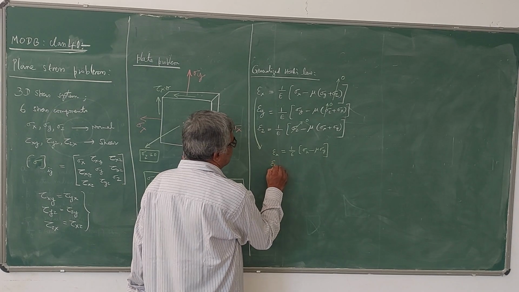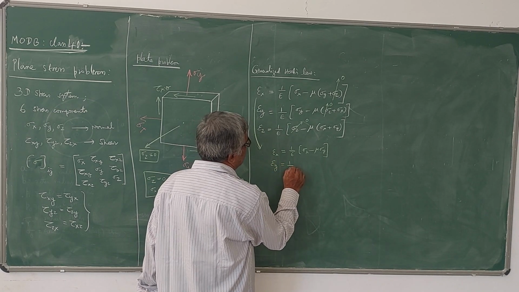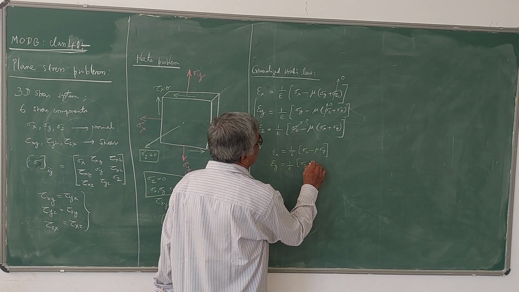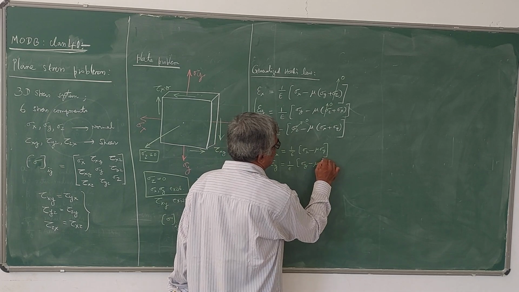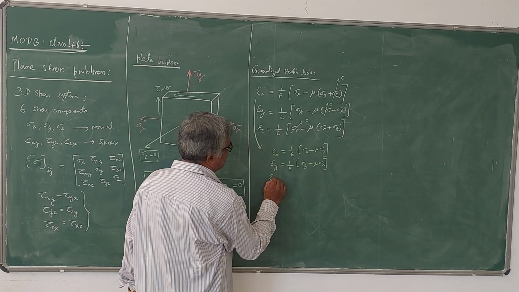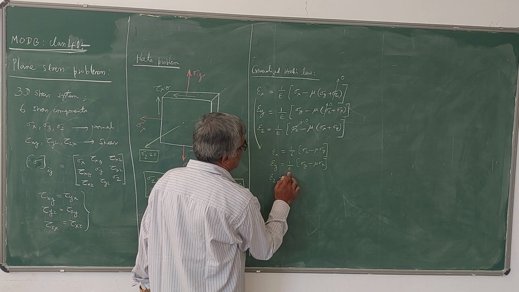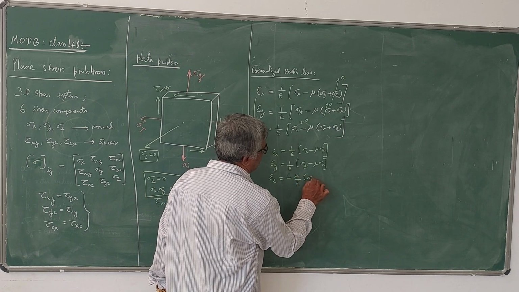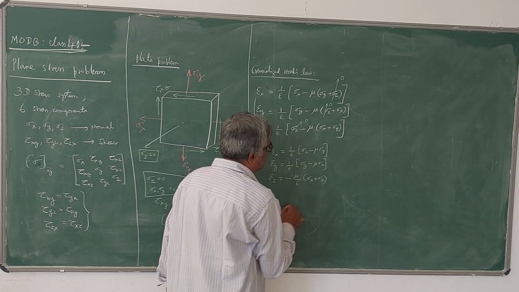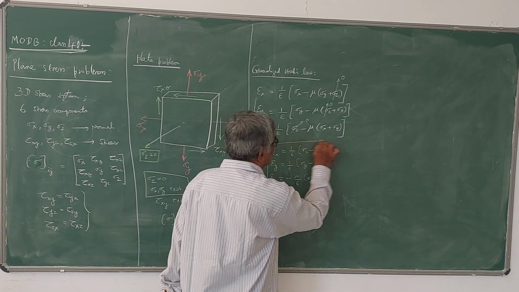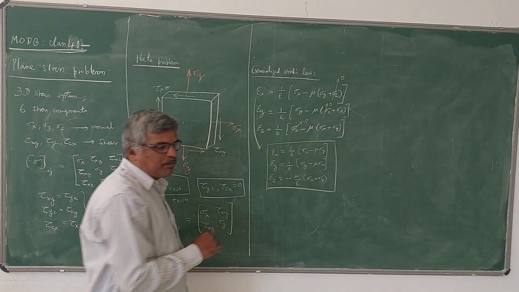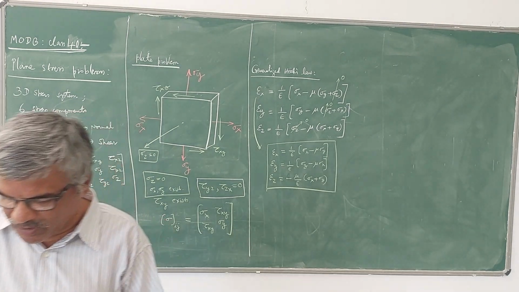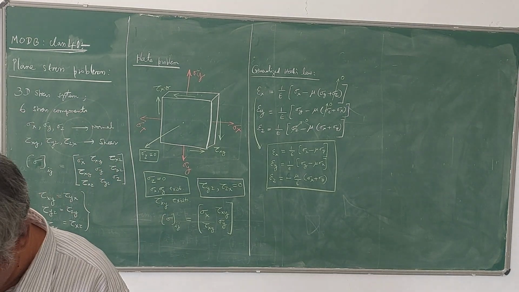Second equation: epsilon y is equal to 1 by E into sigma y minus mu times sigma x. And the third equation: epsilon z is equal to minus mu by E into sigma x plus sigma y. So these are the strains in terms of stresses for a plane stress problem.